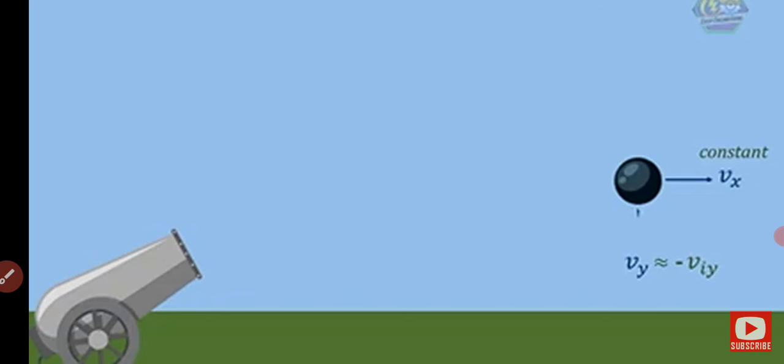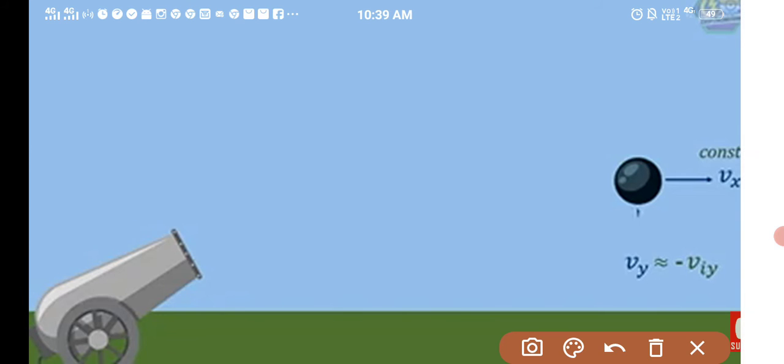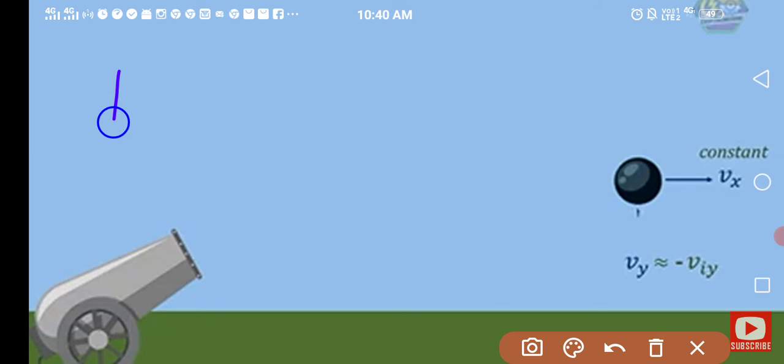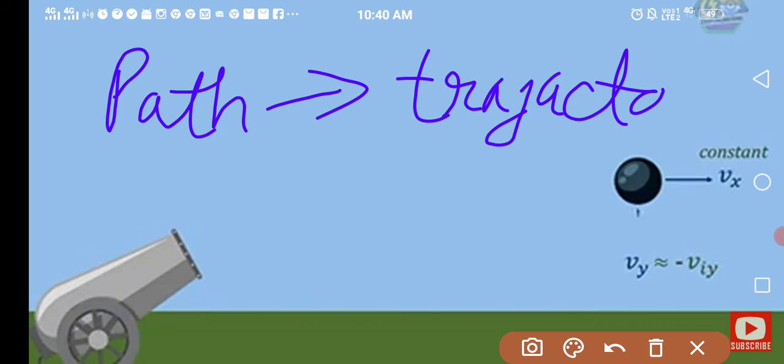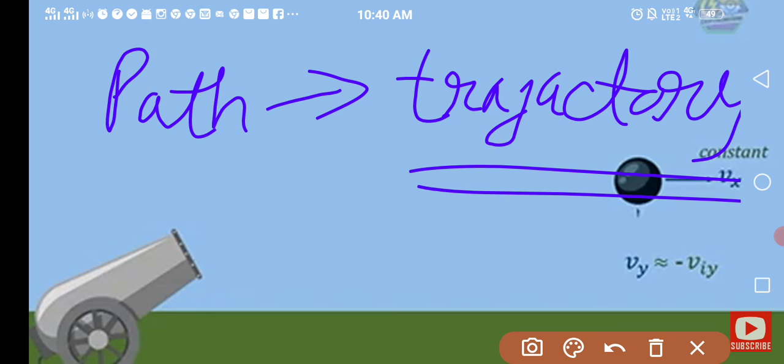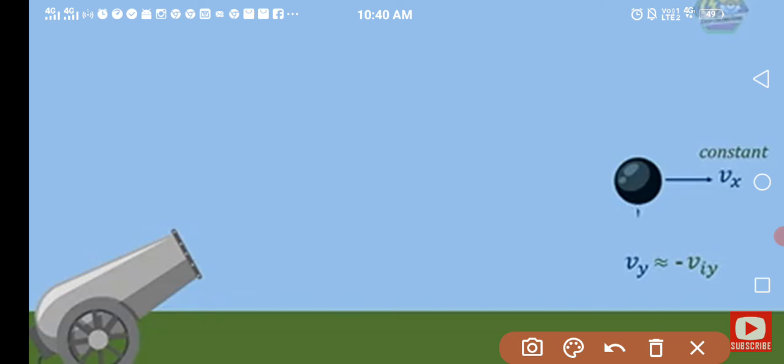The path followed by the projectile is parabolic in nature, and that is called the trajectory. Sometimes a question may be asked: define trajectory. Trajectory is the path followed by the projectile.